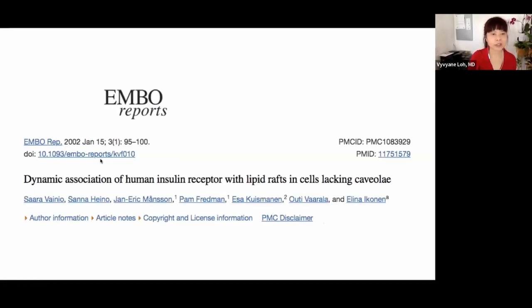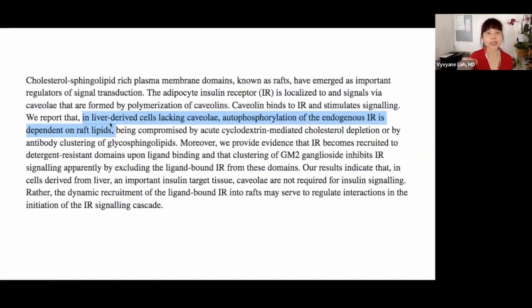This is another paper from the same year, 2002, dynamic association of human insulin receptor with lipid rafts in cells lacking caveoli. And they say in liver-derived cells lacking caveoli, autophosphorylation of the endogenous insulin receptor is dependent on raft lipids. So the functioning of this insulin receptor is dependent on raft lipids.